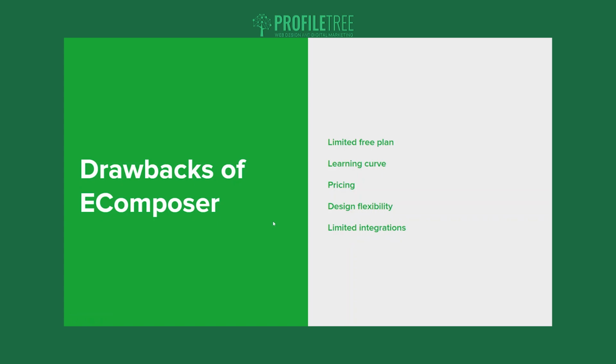Compared to something like Gem Pages, currently Ecomposer offers a decent selection of tools, but its integration ecosystem might be slightly smaller. So if you have a lot of third-party apps that you rely on, I would check quickly if you can integrate it with them, because it is quite limited compared to something like Gem Builder or Gem Pages.